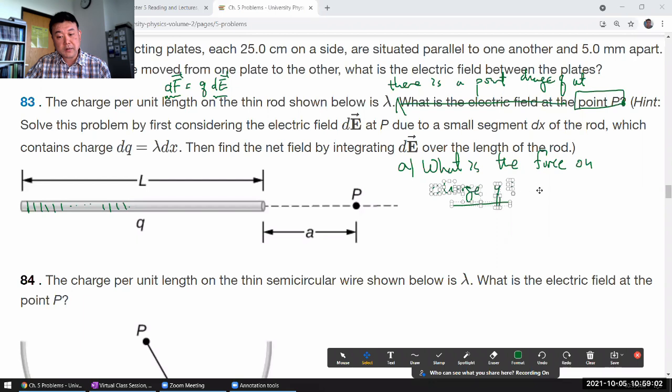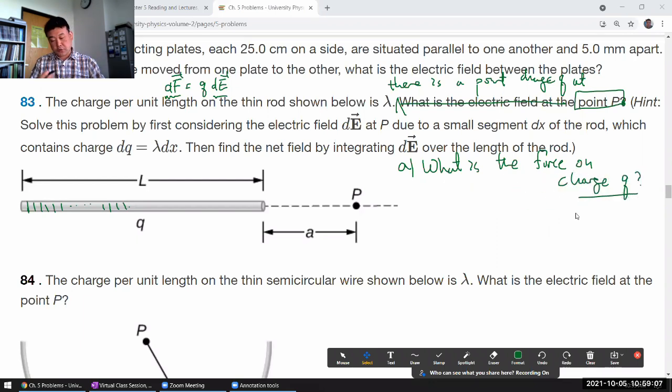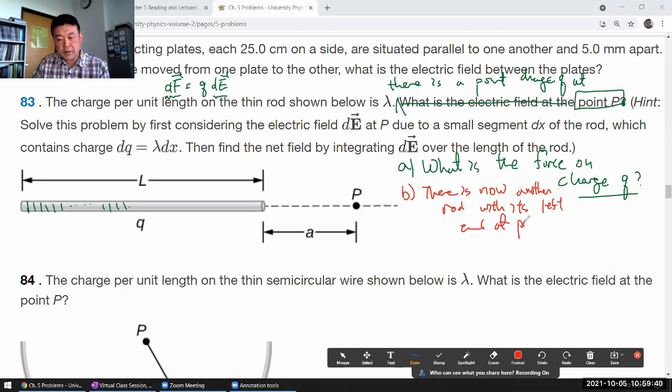The real reason to introduce the field becomes clearer when you consider a potential follow-up question someone could ask here. Instead of asking for the force on a point charge Q, for part B, imagine someone asked this: there is now another rod with its left end at point P. Let me just draw a version of that.